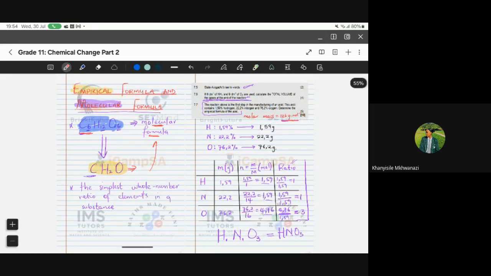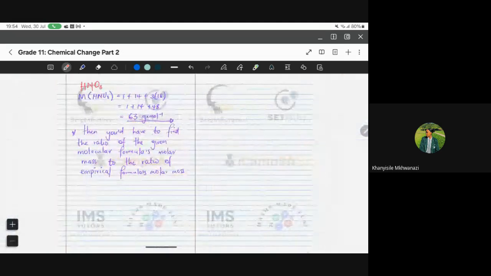So the way you do that is you take the ratio, which is the molar mass of the molecular formula to the empirical formula, which is this guy. So how do we do that? We say the ratio, let's call this ratio R, is 126 over 63 grams per mole.